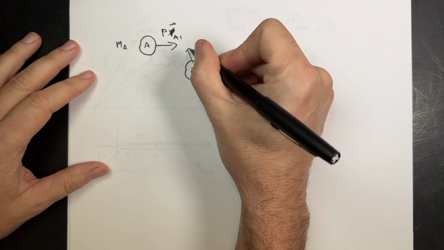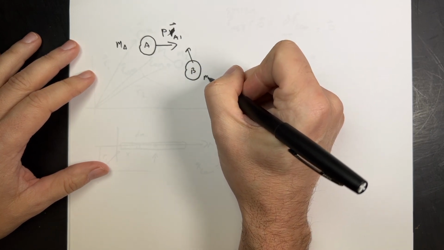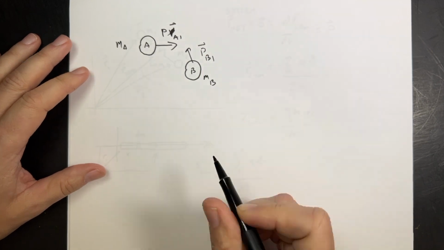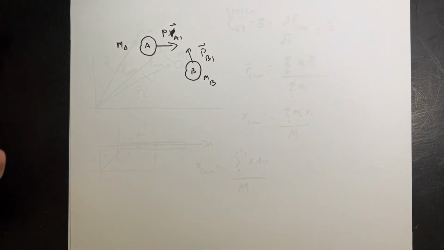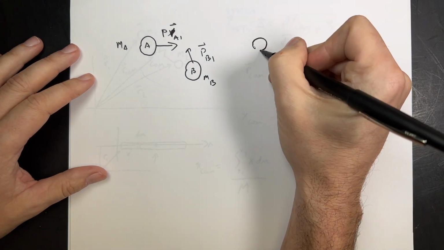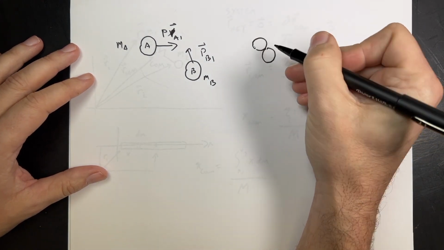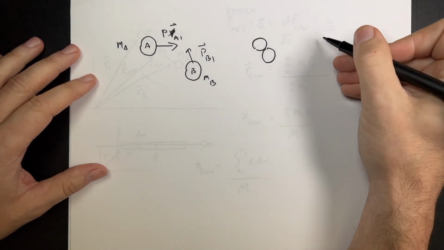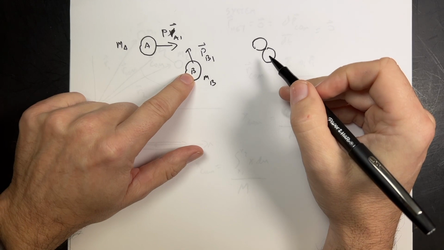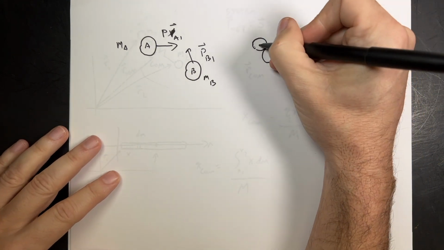And this one's moving this way, has a mass MB, and it has momentum PB1. 1 meaning before something happens, and you can see what's going to happen. They are actually going to collide. So here they are in contact with each other. And then during that collision, it's important to realize that B pushes on A. So I'm going to write this.